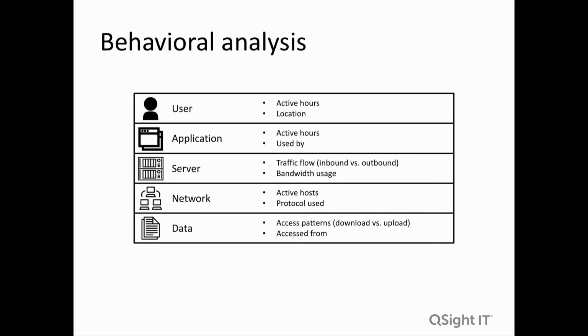For the user, we want to keep track of his active hours on the network. By establishing all these baselines per profile, we can start detecting outliers in real time. So in real time we keep track of the active hours per user, and we can use this information straight away to see if a user is still behaving the way we expected.